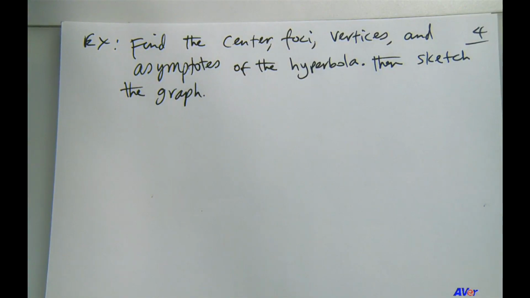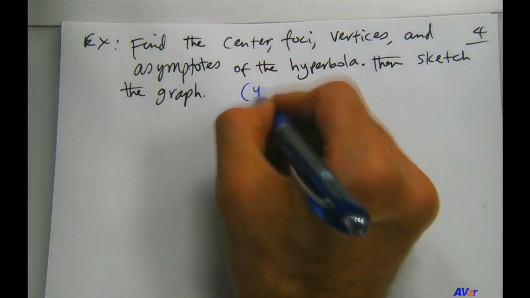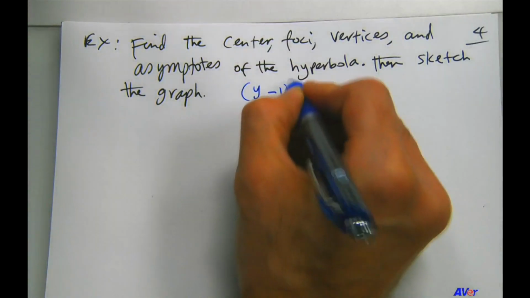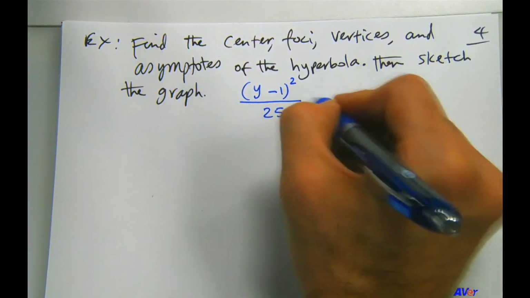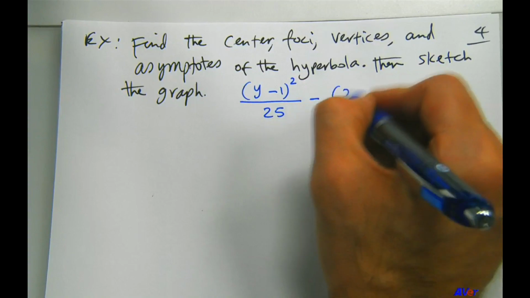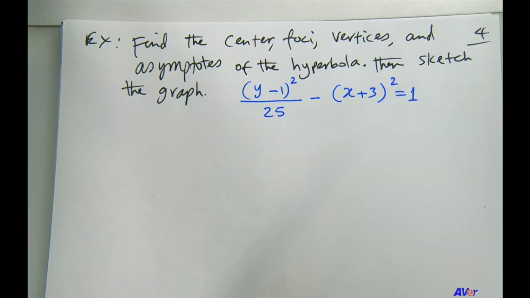Okay, and here is the equation for the hyperbola: y minus 1 squared divided by 25 minus x plus 3 squared equals 1.